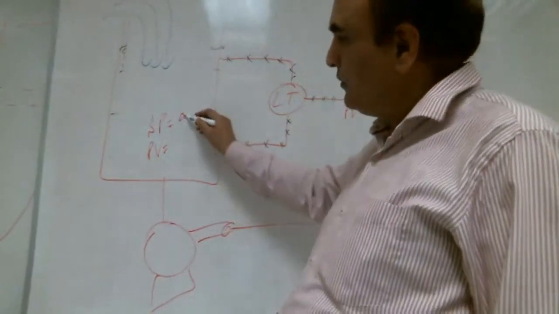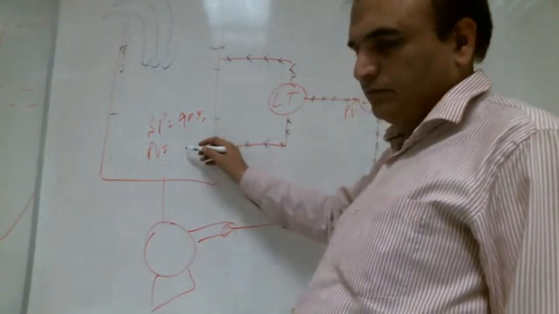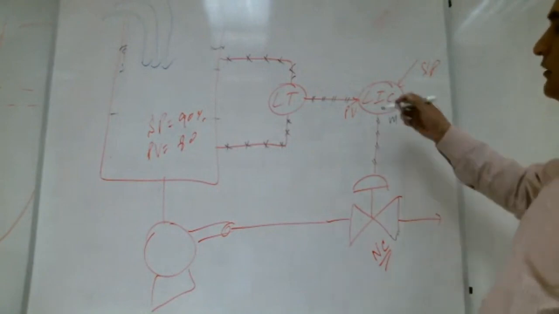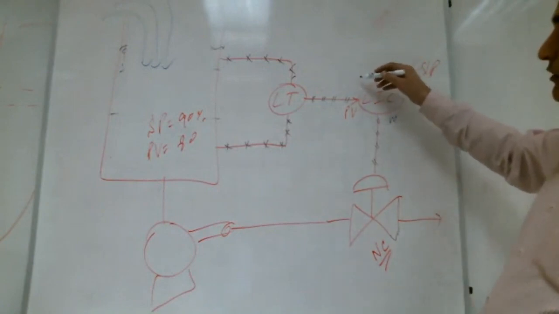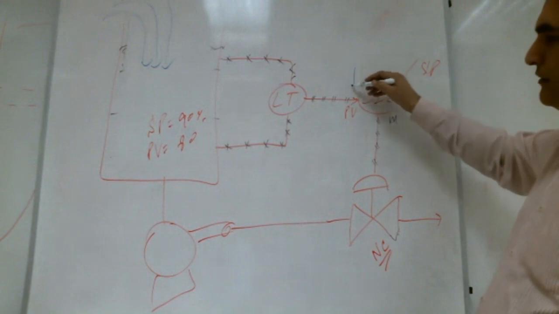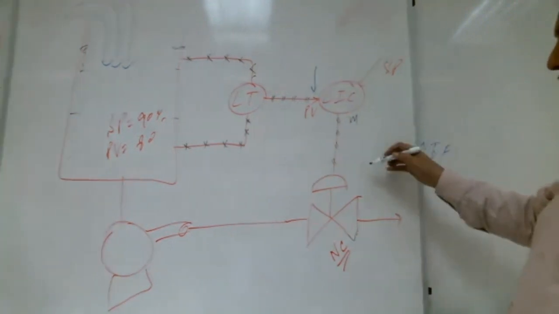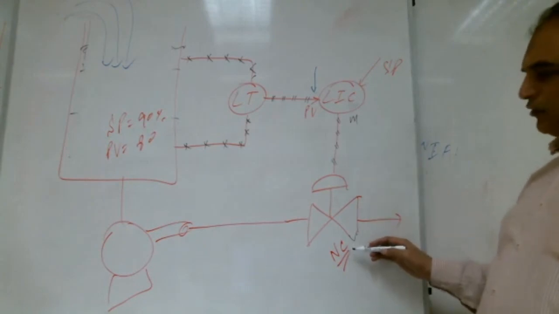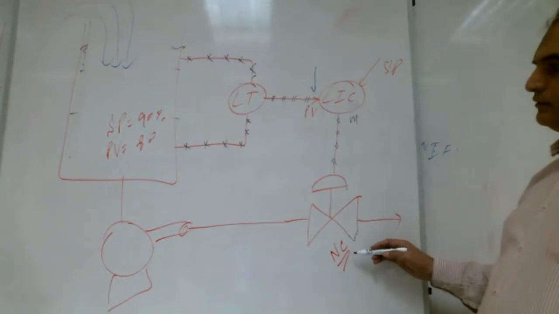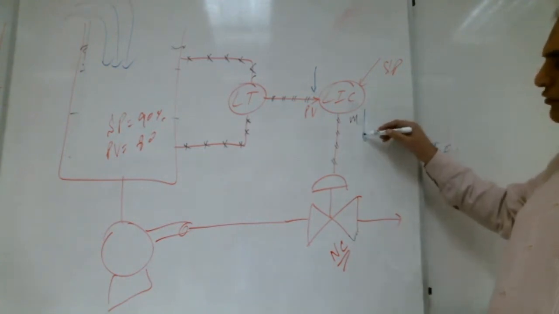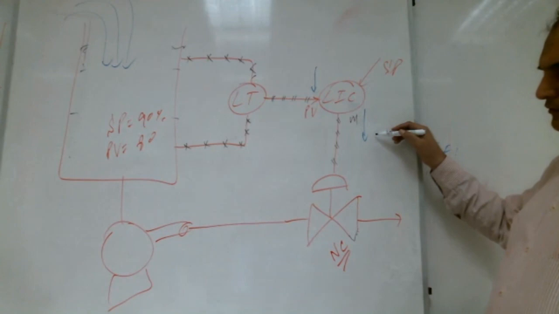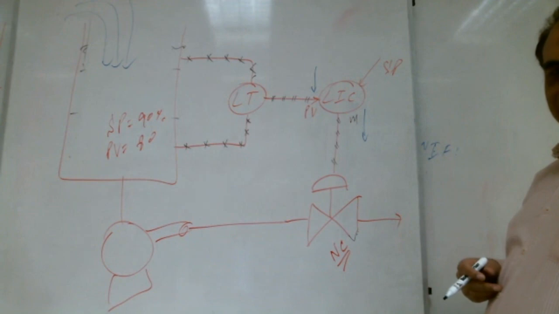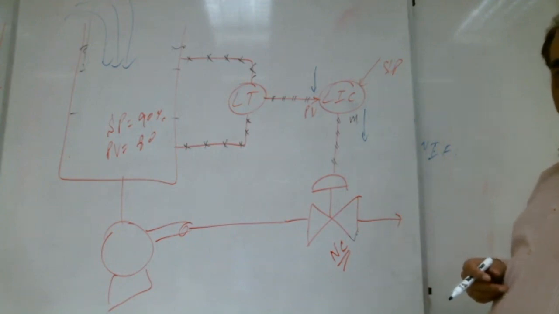SP 90, PV 80. The signal here: more than 80 or less than 80? The PV is less than 80. So this valve, you are saying normally closed: if we remove the signal, it will close. But do we want to close it or open it? Close it. So we need to decrease the signal. So both are the same: direct action.